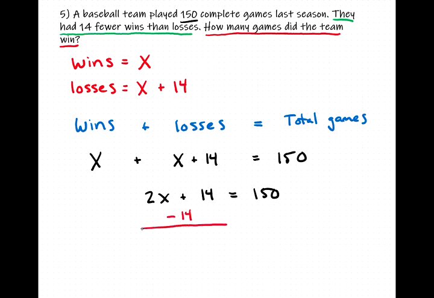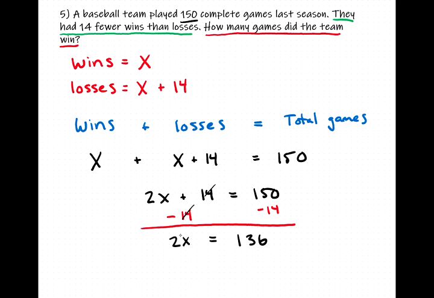And if we subtract 14 from the left, we have to also subtract 14 from the right. So plus 14 minus 14, they cancel. We're left with a 2X on the left-hand side. And 150 minus 14 is 136.